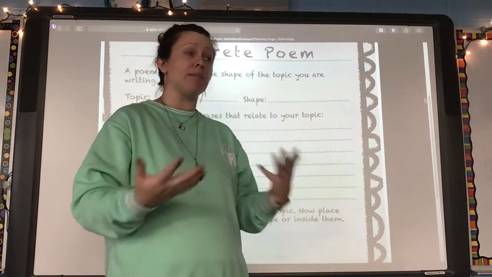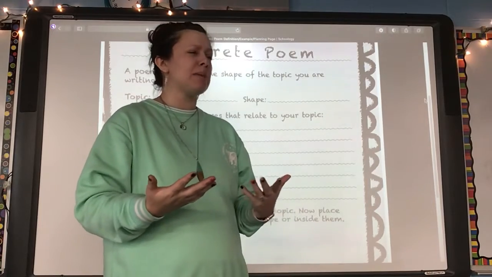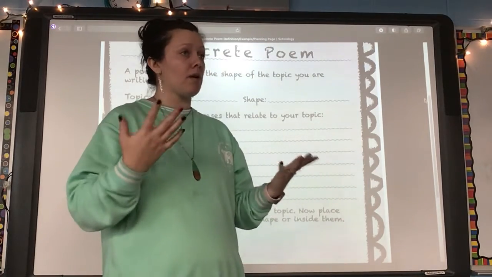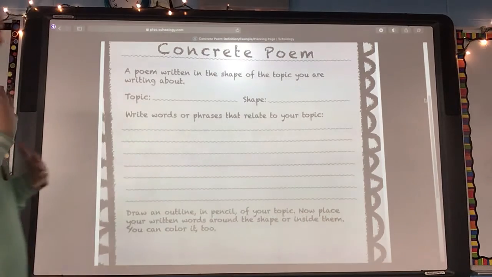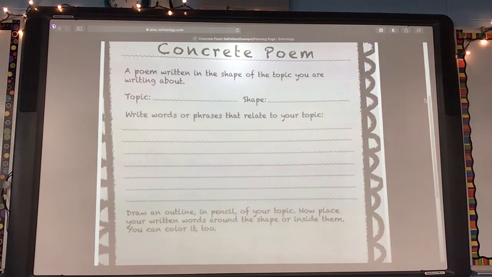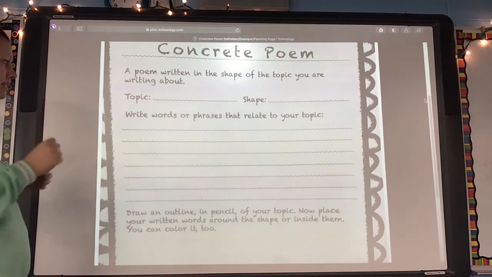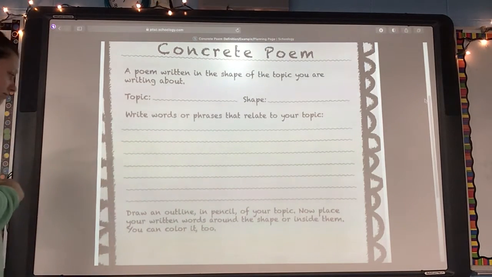They were talking about stop doing something, but never did it mention a stop sign. So they had a little bit more creativity in their thought. They're going to want you to write down some words or phrases that relate to your topic. And then on the bottom, you're going to draw an outline. So that's going to be your rough draft.